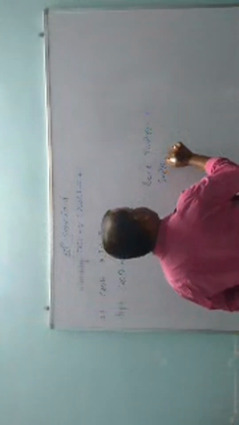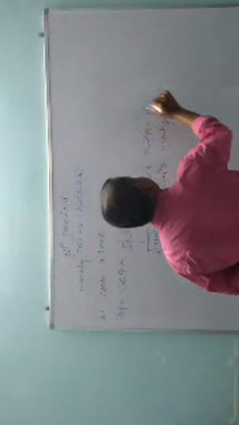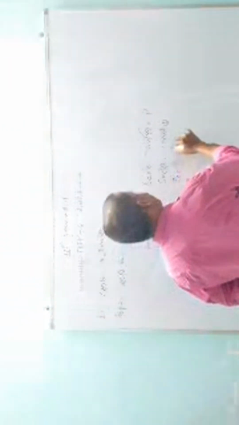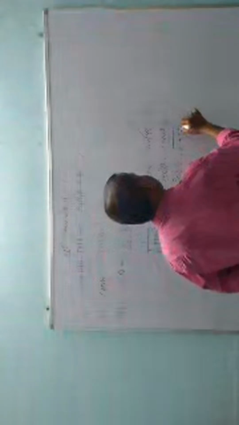So sec square theta is equal to 1 plus tan square theta by transposition. Then sec theta can be written as square root of 1 plus tan square theta.